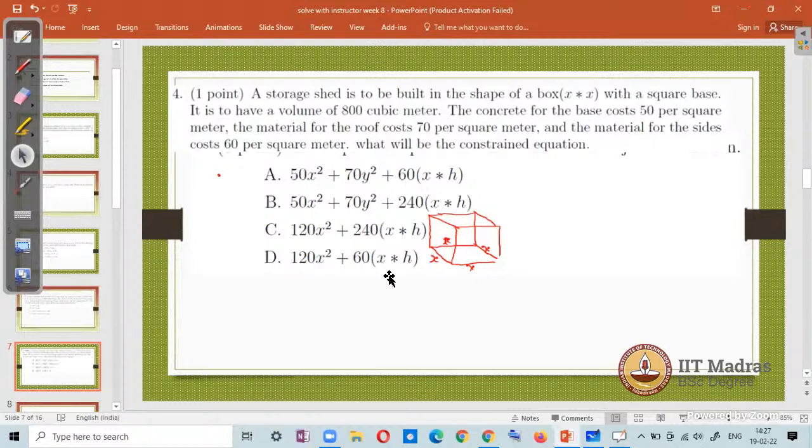So many correct answers we are getting here. Mainly the competition is between options C and D. This is what I am observing here.